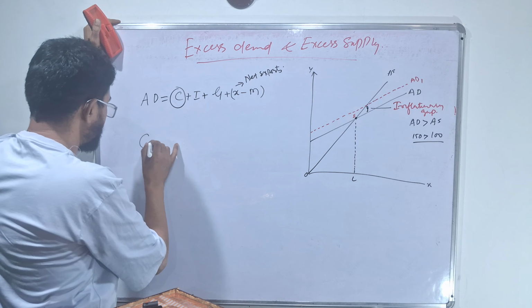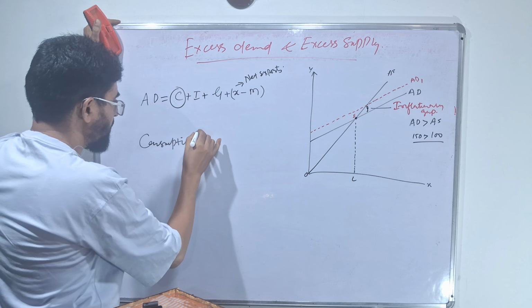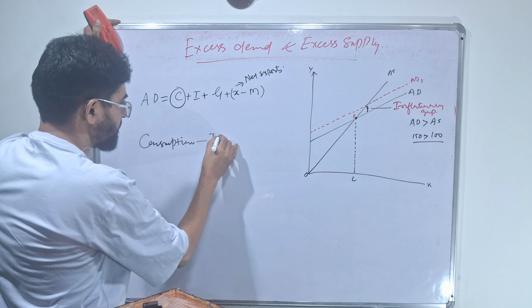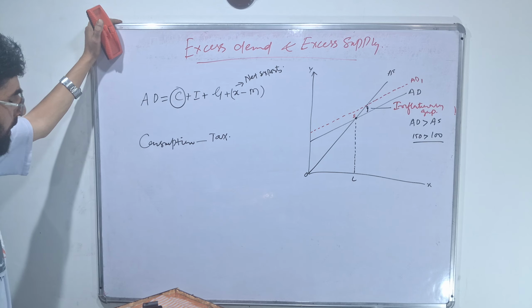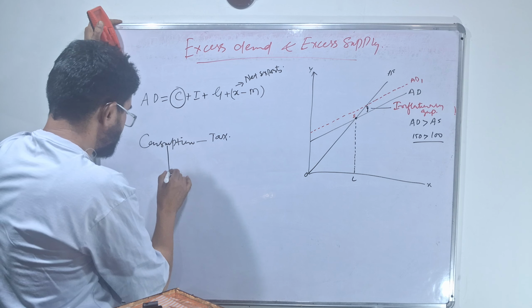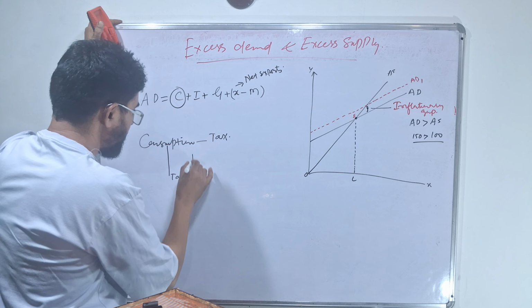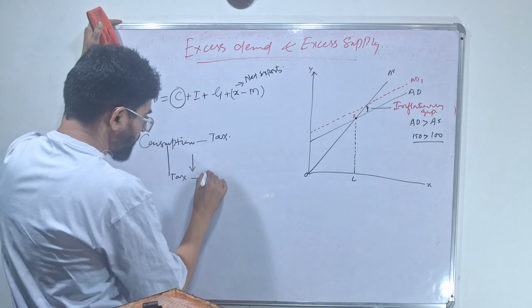For example, consumption. With respect to consumption, we will take tax. For example, when the government declines tax, definitely it will increase the purchasing power of the people.